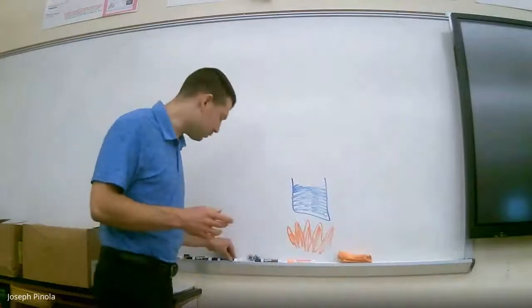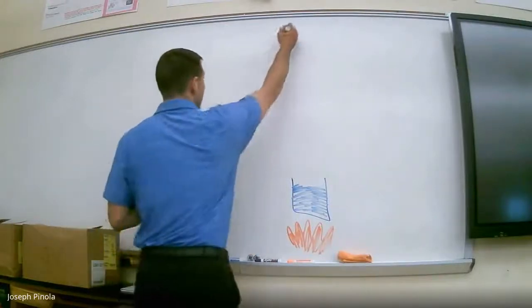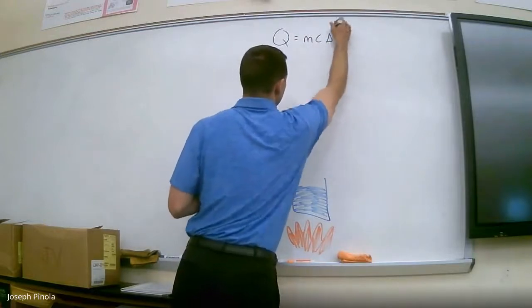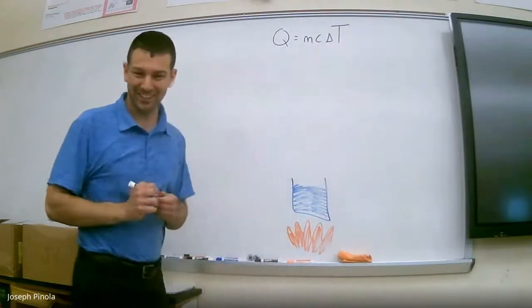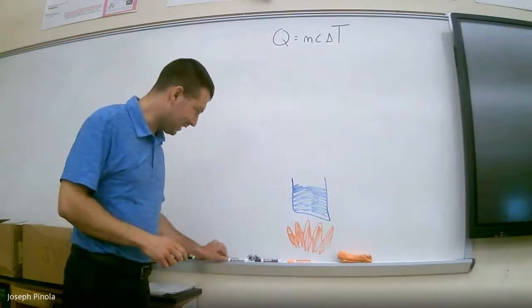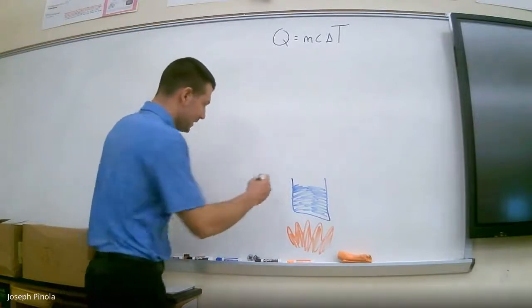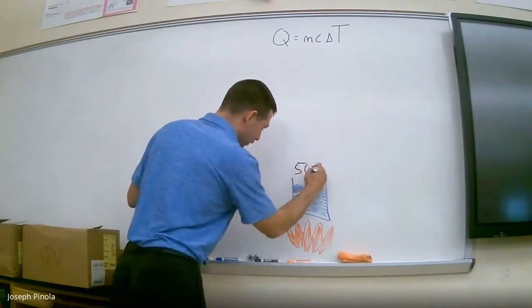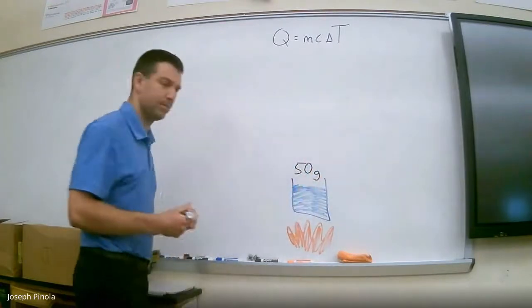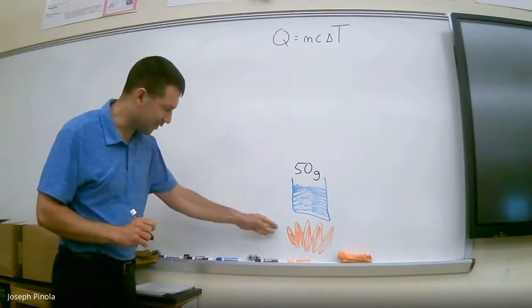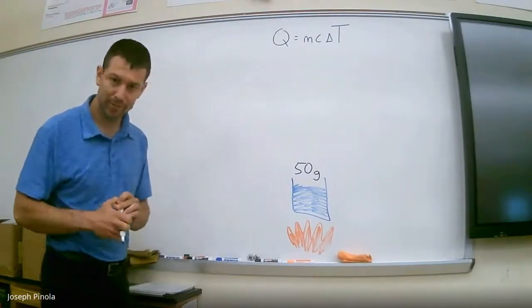So now let's use the equation we just spoke about, the equation Q equals MC delta T, to do a calculation. Let's say that I have a container of water. And let's say that container of water has a mass of 50 grams, or 50 g. And I place that container on top of a fire.